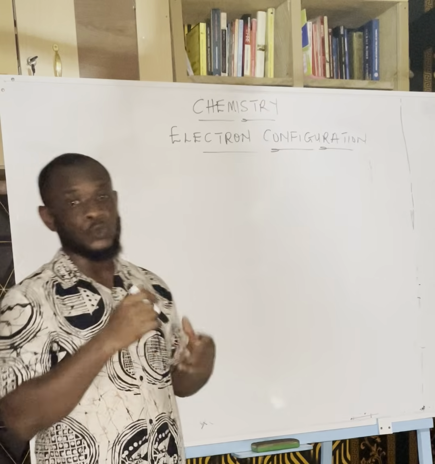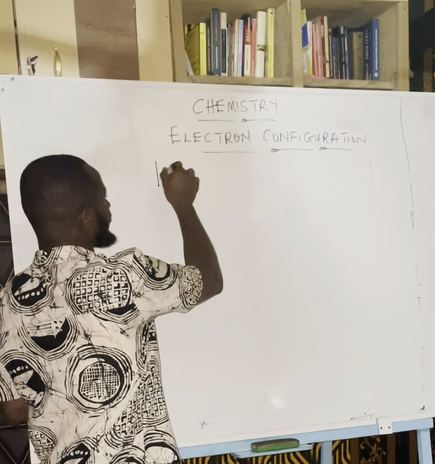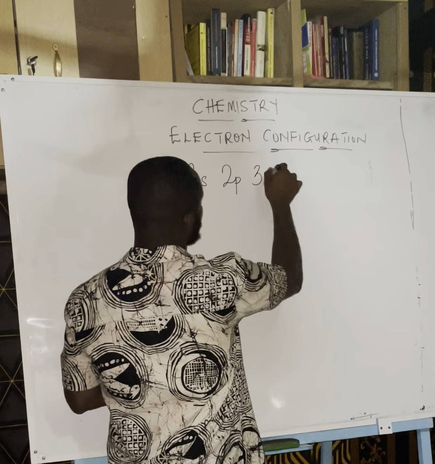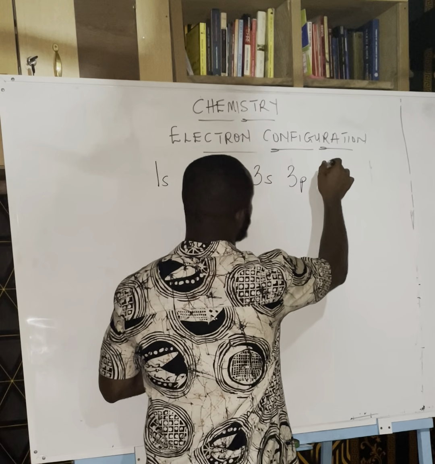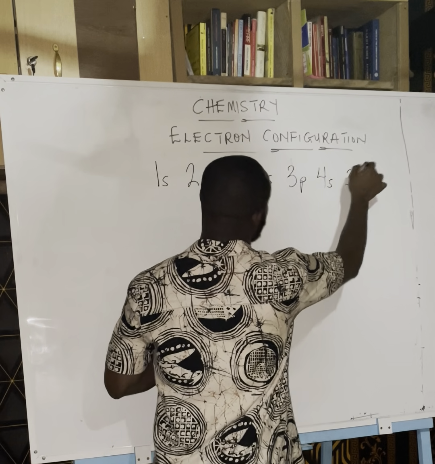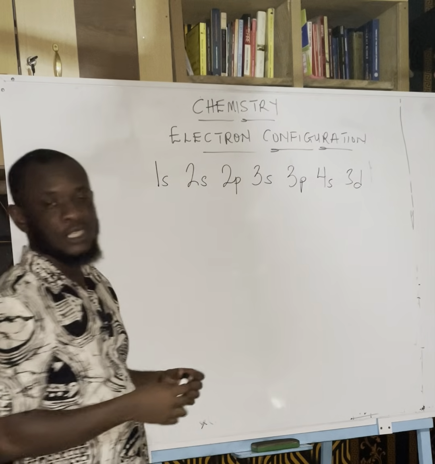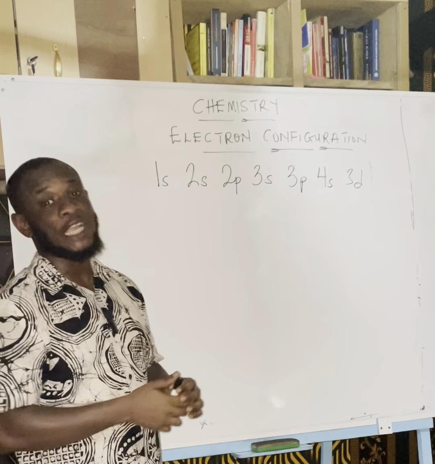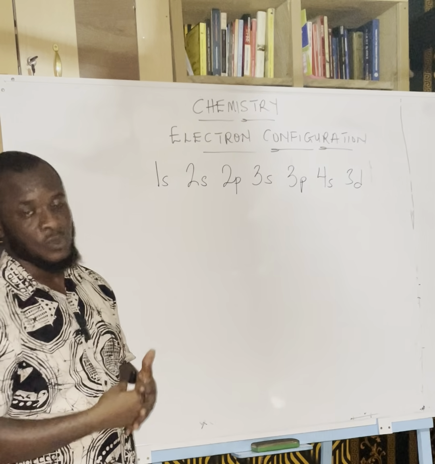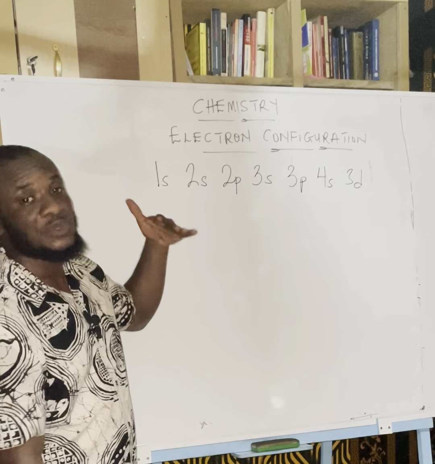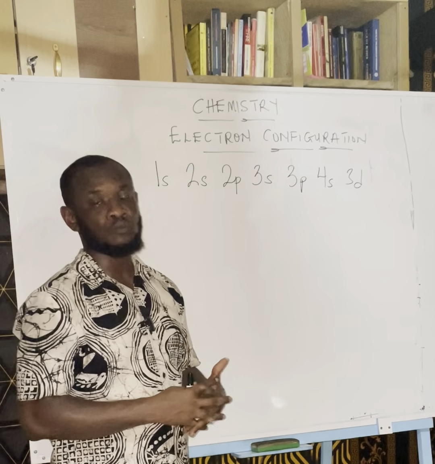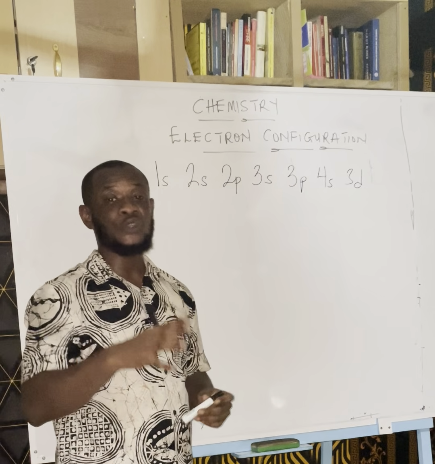So we were using this notation, the orbital notation, to write electron configuration. What we learned was that before you can write electron configuration, you must understand three rules.